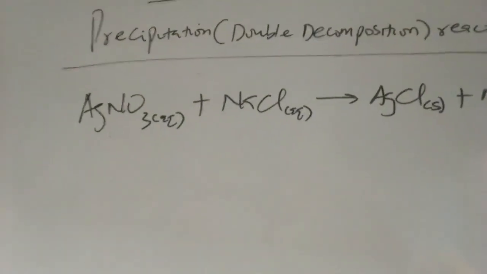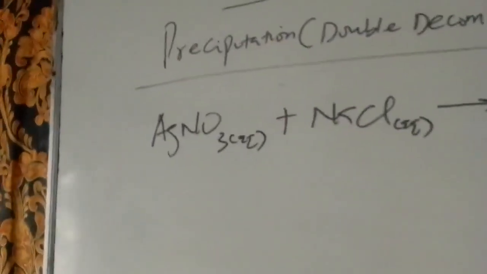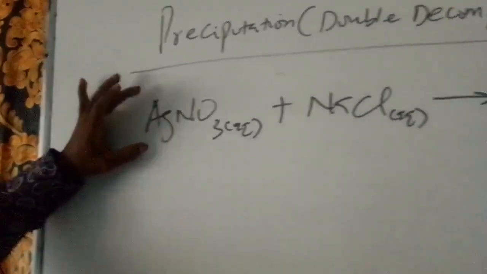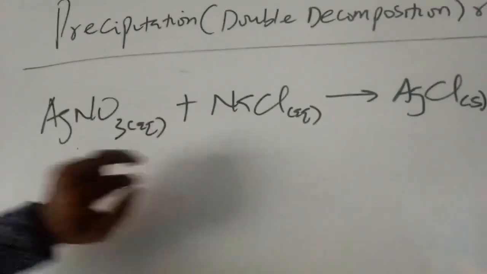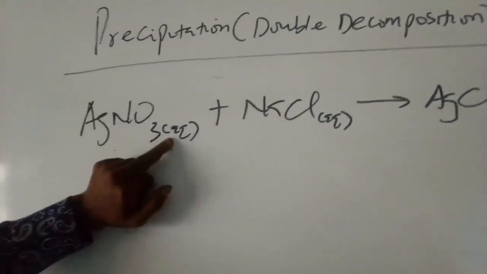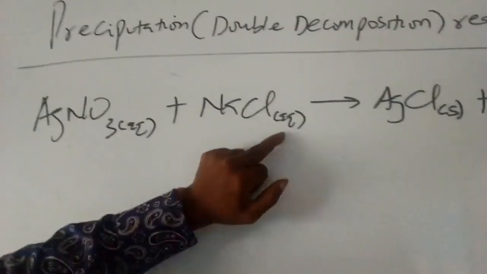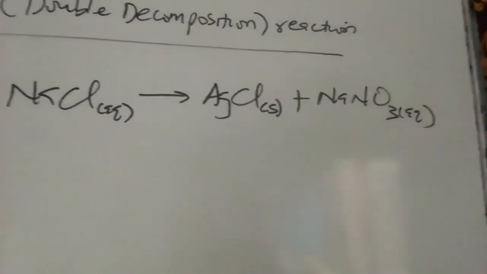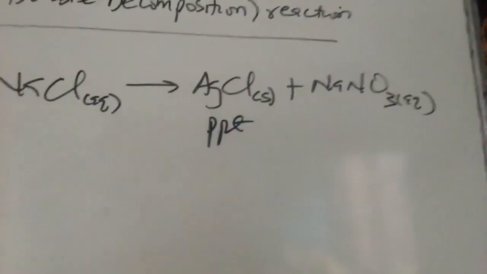So on the board is an example of precipitation reaction between silver nitrate and sodium chloride. You can see this is a soluble compound, this is an insoluble compound. This is the precipitate or PPT, while this is a soluble compound.